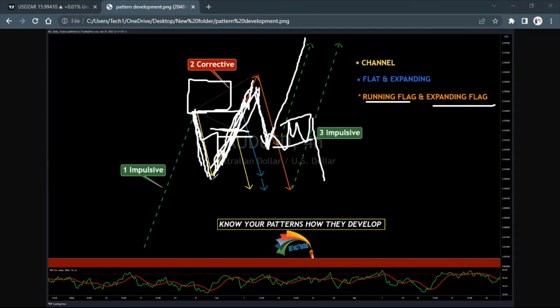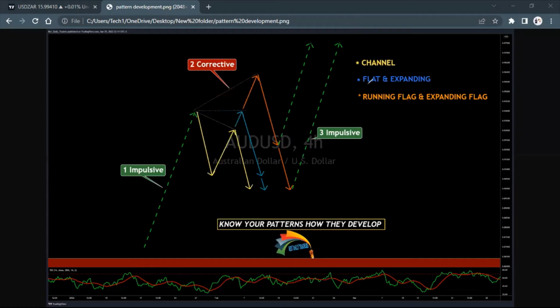Why an expanding flag? Our A move, B move. Our B move did break our roof there, to expand there. Then we're having this kind of pattern to push up again there. So it's how we see the patterns develop or trap the market with these patterns.